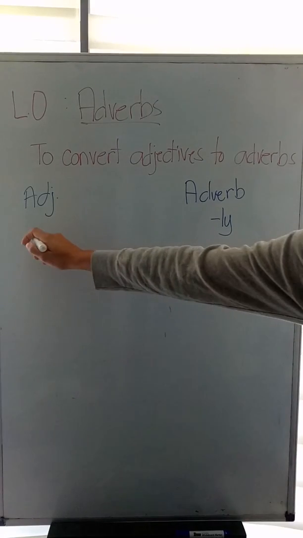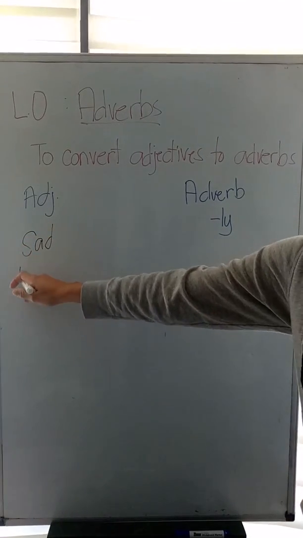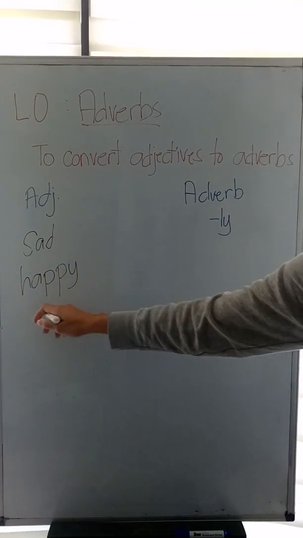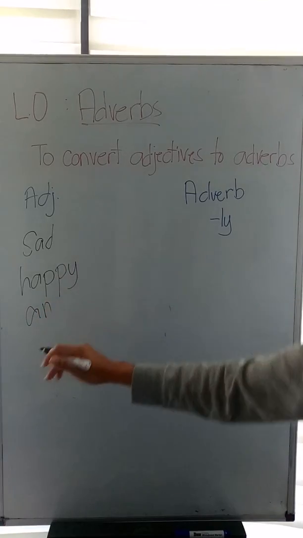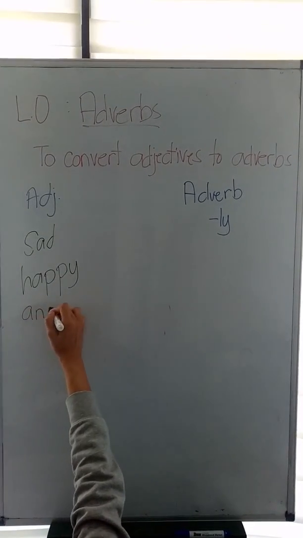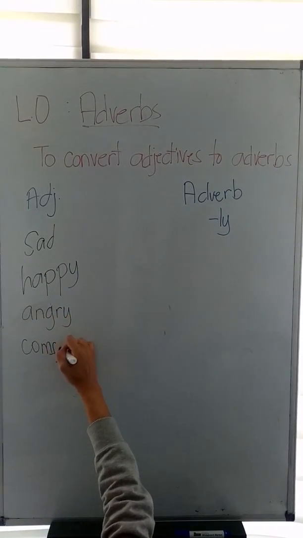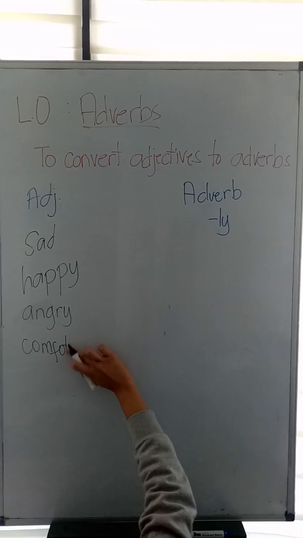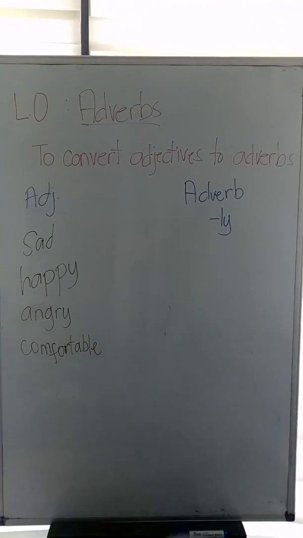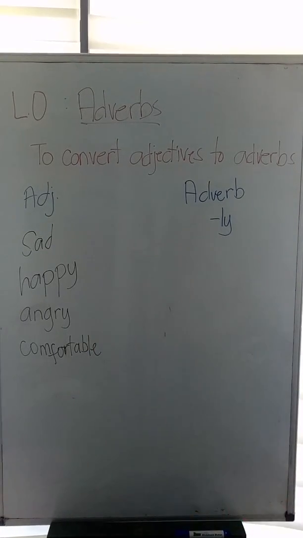Example, we have sad, happy. So we have these four adjectives on the left side of the board.